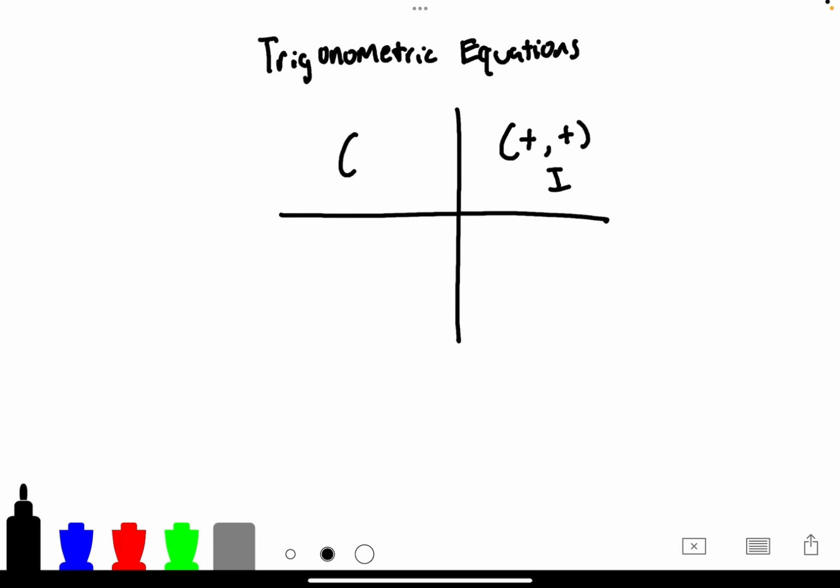You have negative x's and positive y's in your second quadrant. You have a negative x and a negative y in your third quadrant. And then in your fourth quadrant, you have a positive x and a negative y.